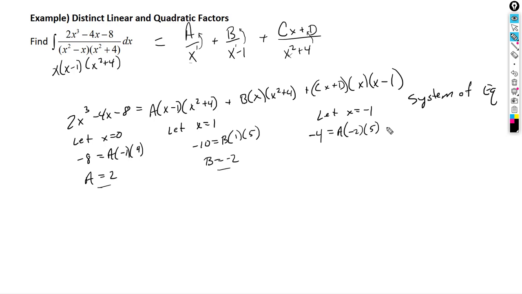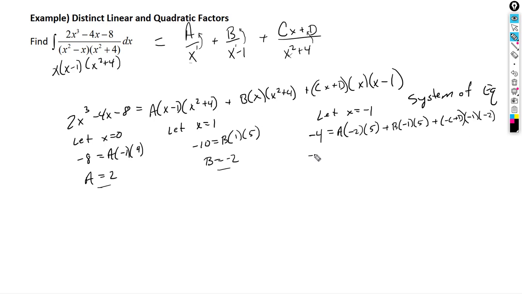Cool. And then plus b times -1 times 5. Plus, now see, it's -1, so now it's really minus c plus d times -1 times -2. Okay, so this is like that.